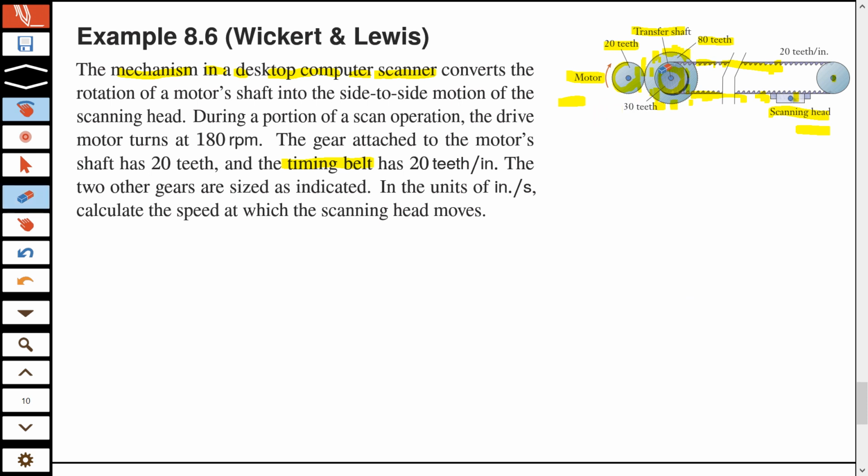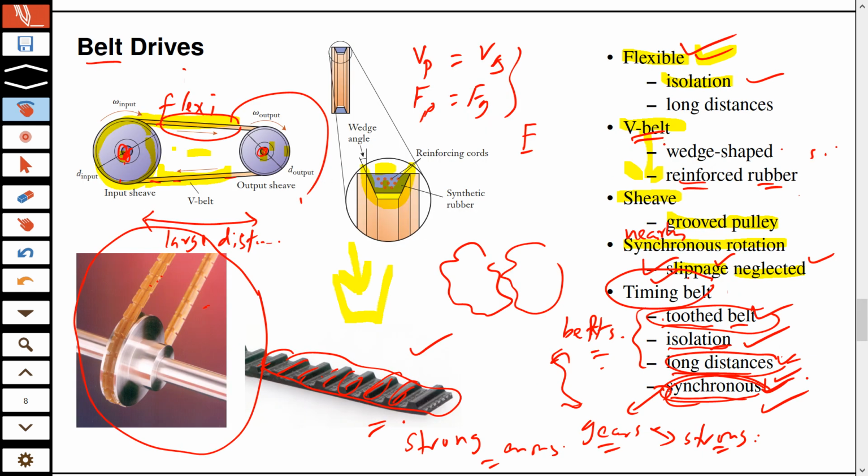Actually this is a pulley, not a gear, sorry. And remember what name was given to these pulleys? They were called sheaves.